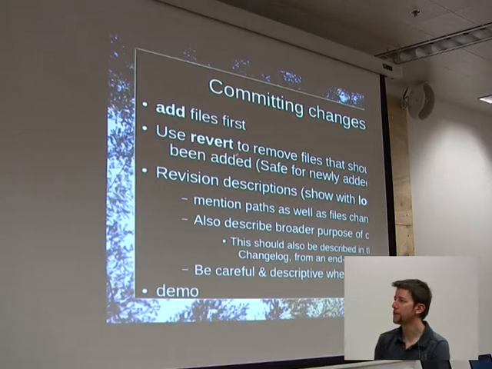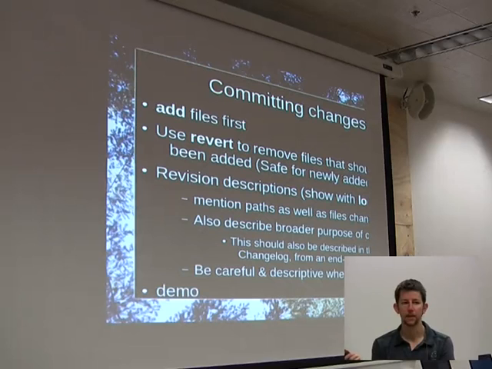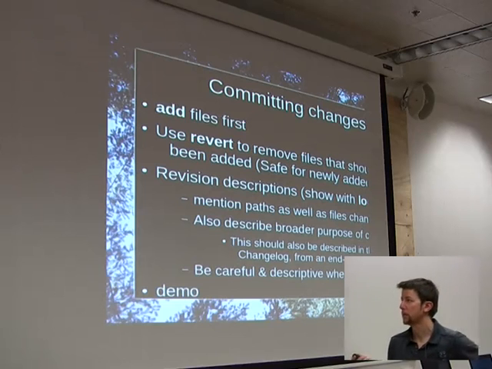Now, this has a different behavior when you're reverting a file that was scheduled for addition, because it just removes the addition flag. It doesn't actually change the file in any way, because if you think about it, there's no golden copy in the .svn directory that it would be able to replace it with. So that's what revert does, is it removes the add flag on files that haven't actually been committed yet.